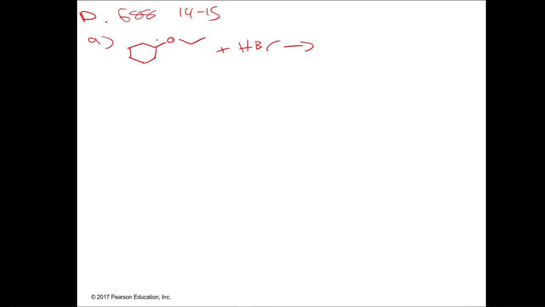So you're going to get essentially stick a bromine here and stick a bromine here, right? So you're going to get water as your product. And then you're going to get bromine there, and bromine there. Essentially, you're excising the oxygen and replacing it with 2 bromines.